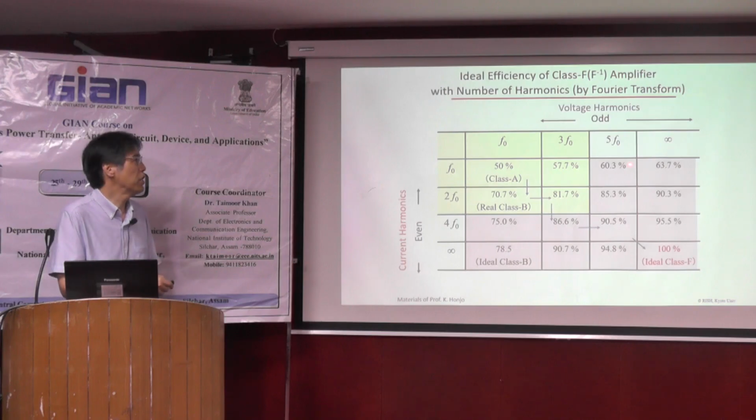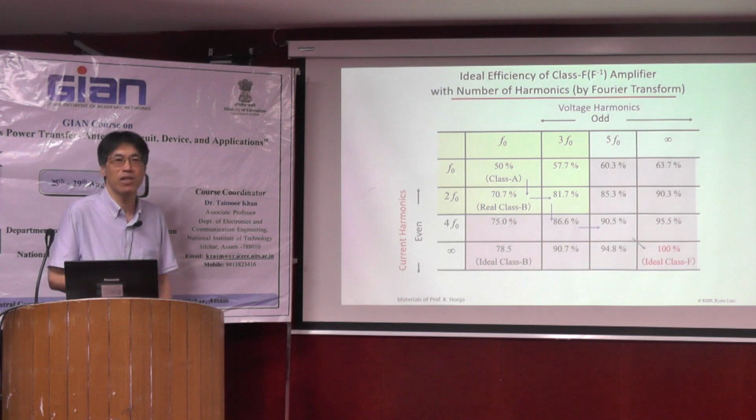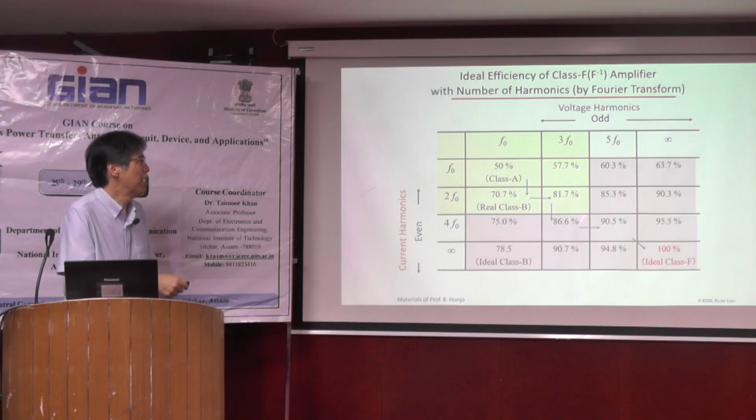So we cannot use infinite odd harmonics and infinite even harmonics. Usually, the second harmonic or fourth harmonic, or the third or fifth harmonic, are limited in the real circuit. So in this case, we can reach 90%, 85%, etc.